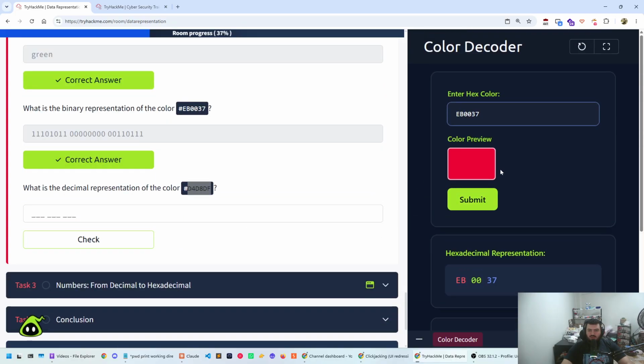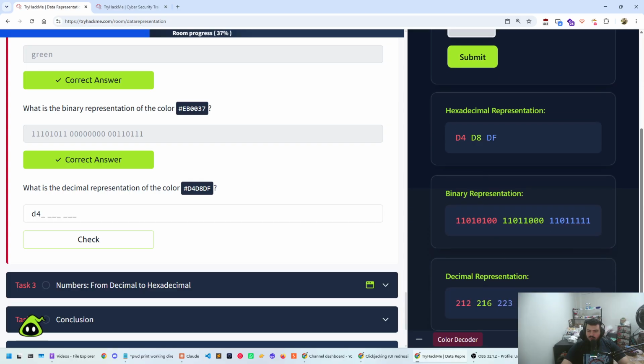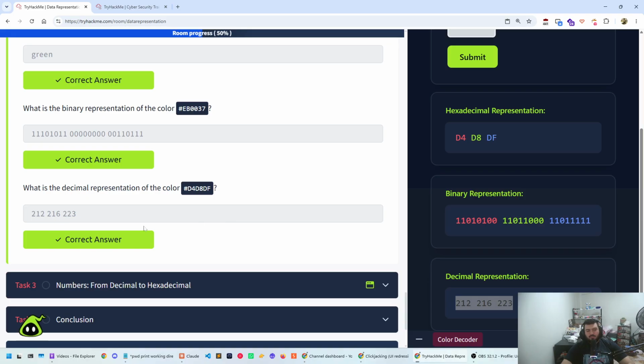Decimal representation of this guy. And here's the decimal. Oh, sorry, that's hexadecimal. My bad. The decimal representation is this. Okay, so we finished actually this, so we could minimize this.